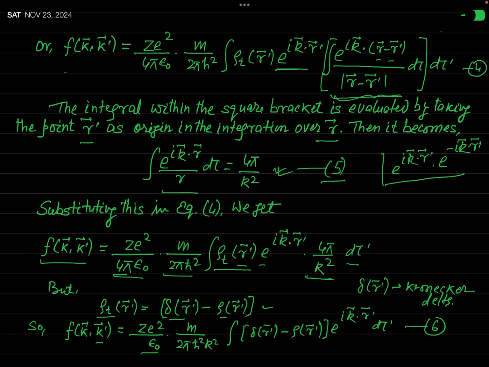And that's why our result becomes Ze square over epsilon naught times m over 2 pi h bar square times kappa square, times the integral of delta of r dash minus rho of r dash times e to the power i kappa dot r dash d r dash. Now we will try to find the value of this integral.